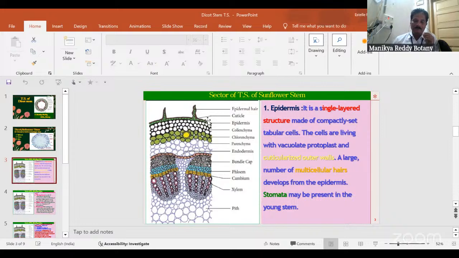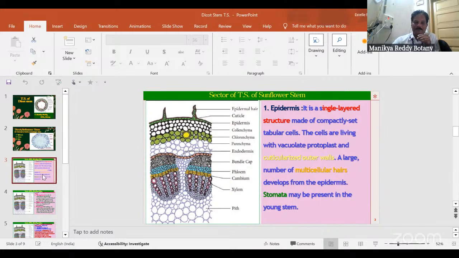They are few in number in the epidermis.